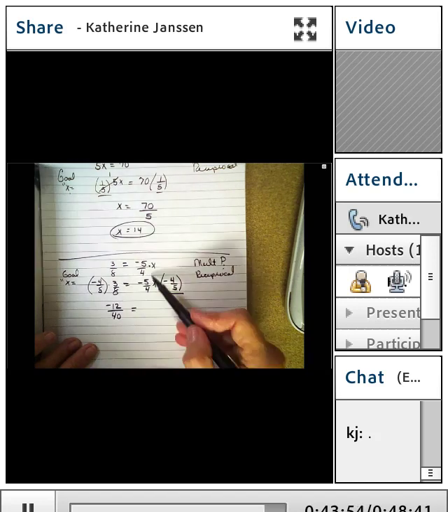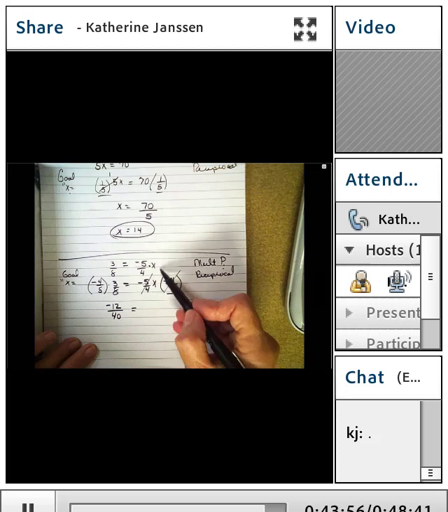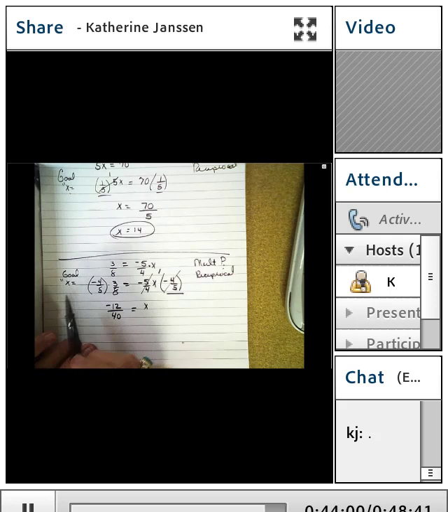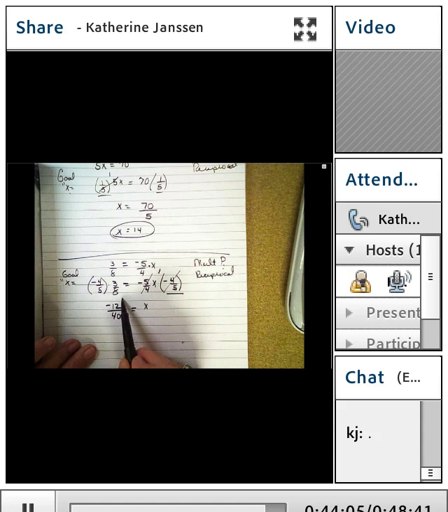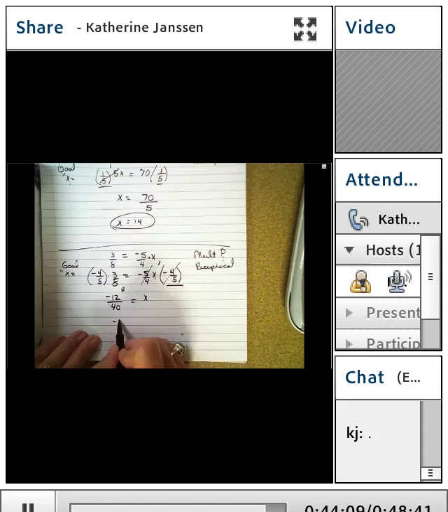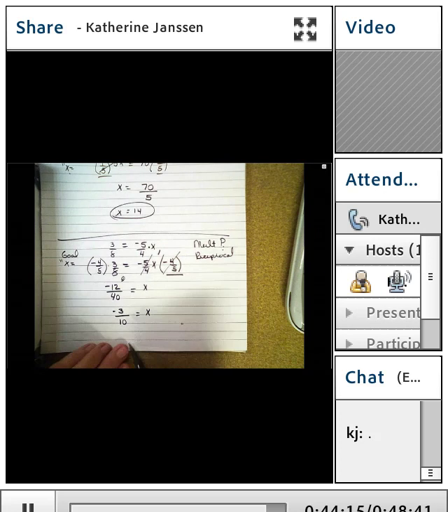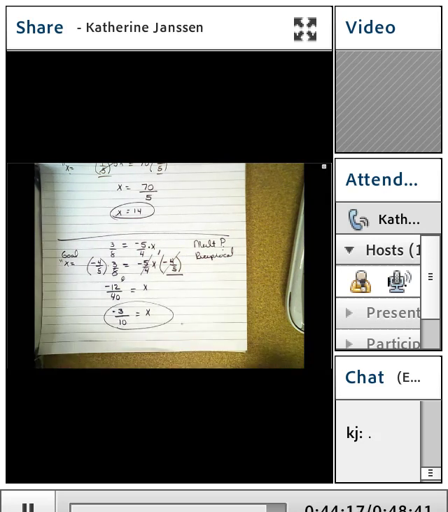A number times its reciprocal goes to 1, and 1 times x is x. So I'm getting close to x equals. Let's see, 2, how about 4? 4 goes into 12, a negative 3 times, and 4 goes into 40 10 times. So x equals a negative 3/10.